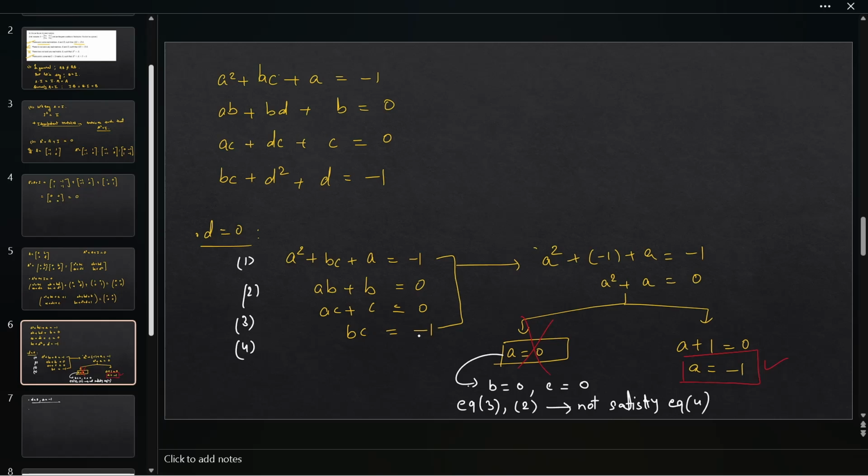So BC is equal to minus 1, AB plus B equal to 0, AC plus C equal to 0. Given that A is equal to minus 1, that will satisfy our equation 2 again, because minus B plus B is equal to 0 for all the values of B. Minus C plus C is equal to 0 for all the values of C. So we are just left with BC equal to 1.